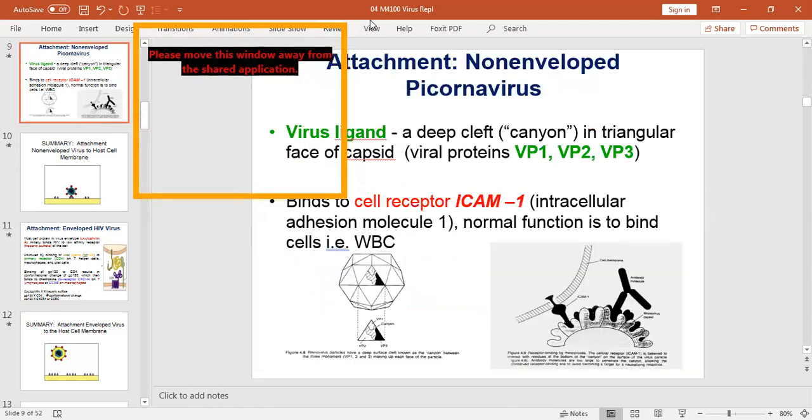Slide number 9 is a specific example of the attachment of a non-enveloped virus called picornavirus.